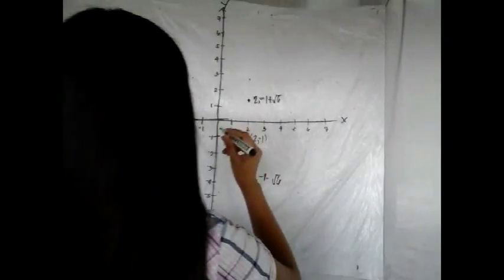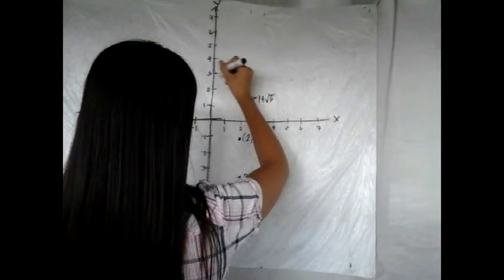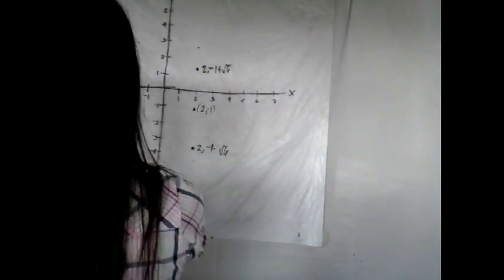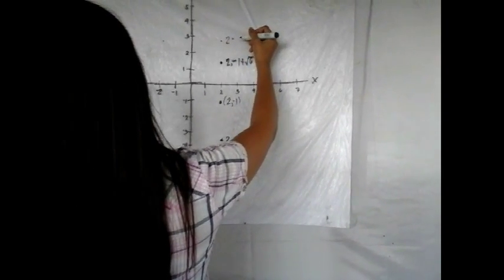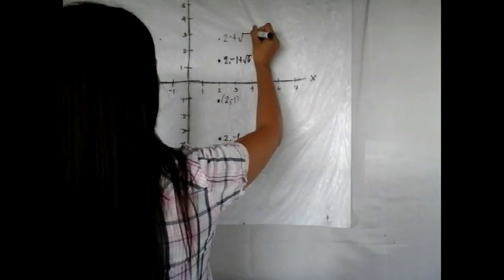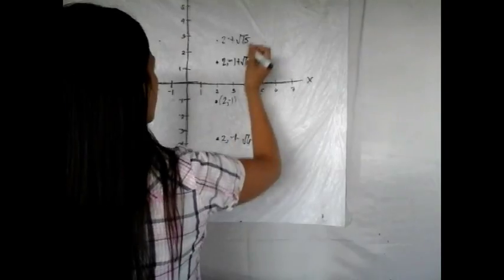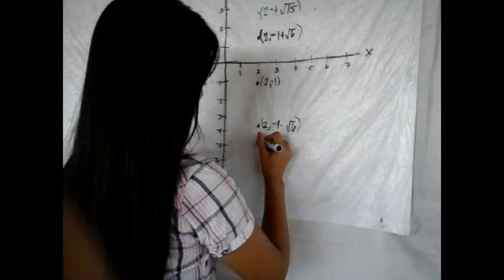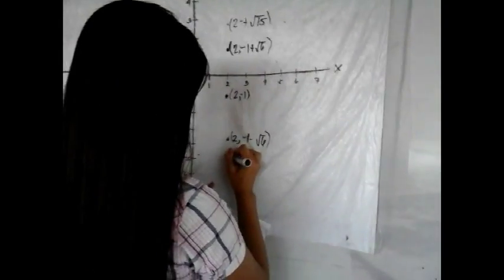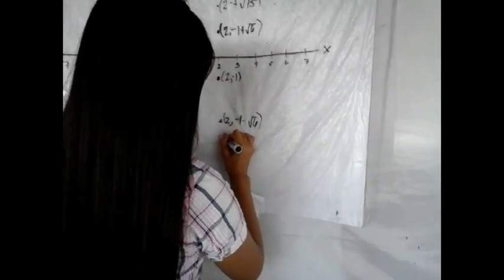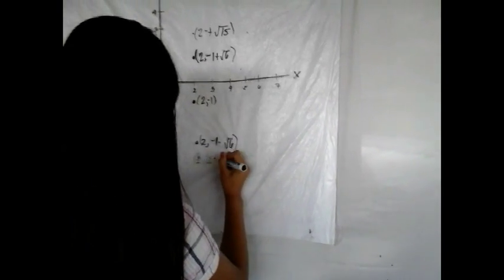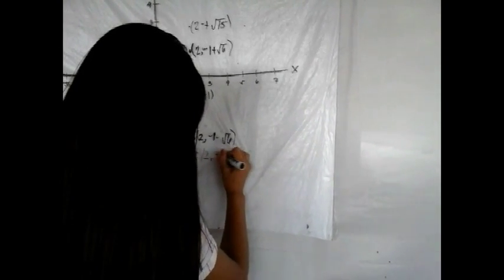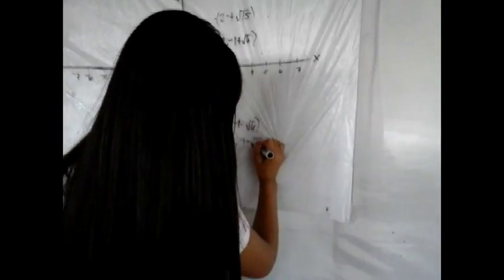Next, our foci. Our focus 1, we have 2 and negative 1 plus square root of 15, and our focus 2, we have 2 and negative 1 minus square root of 15.